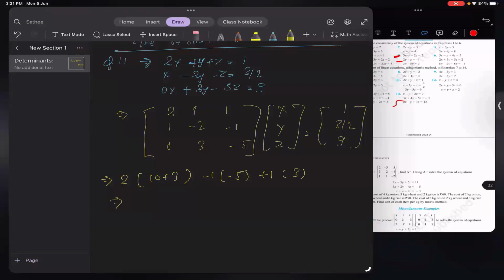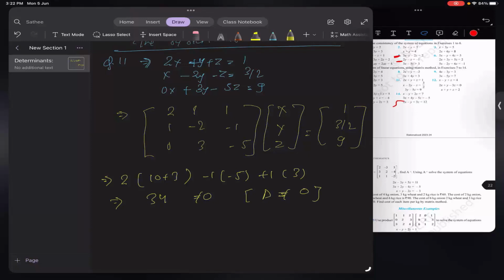So finally our determinant comes out to be 10 plus 3 is 13, into 2 is 26, plus 5 equals 31, plus 3 is 34. So this is 34 and this is non-zero. Our delta is non-zero, so we can say that a unique solution exists in this case.